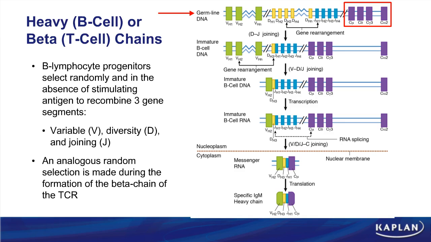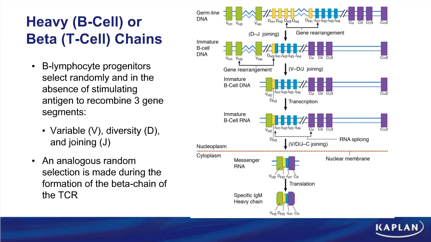And those are going to go into making the different constant regions of the heavy chain, which will eventually dictate what isotype we have. Now, as far as this process is concerned, USMLE is not going to get super specific on you, but we're going to go through the process, and what's really going to be important for you to focus on is the big picture. So, for example, what is the expected outcome if there is an issue with gene rearrangement?